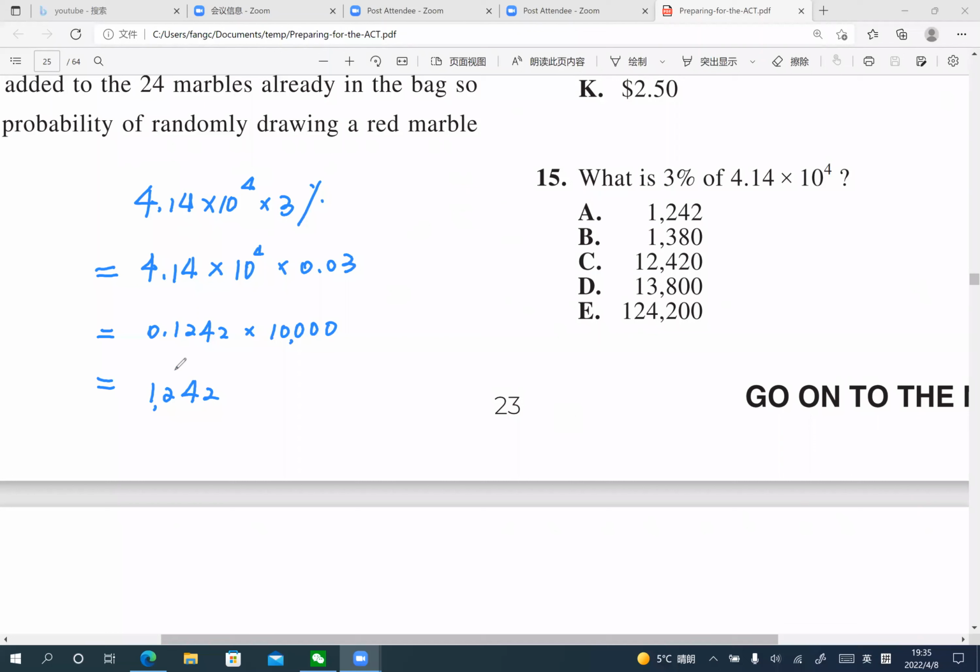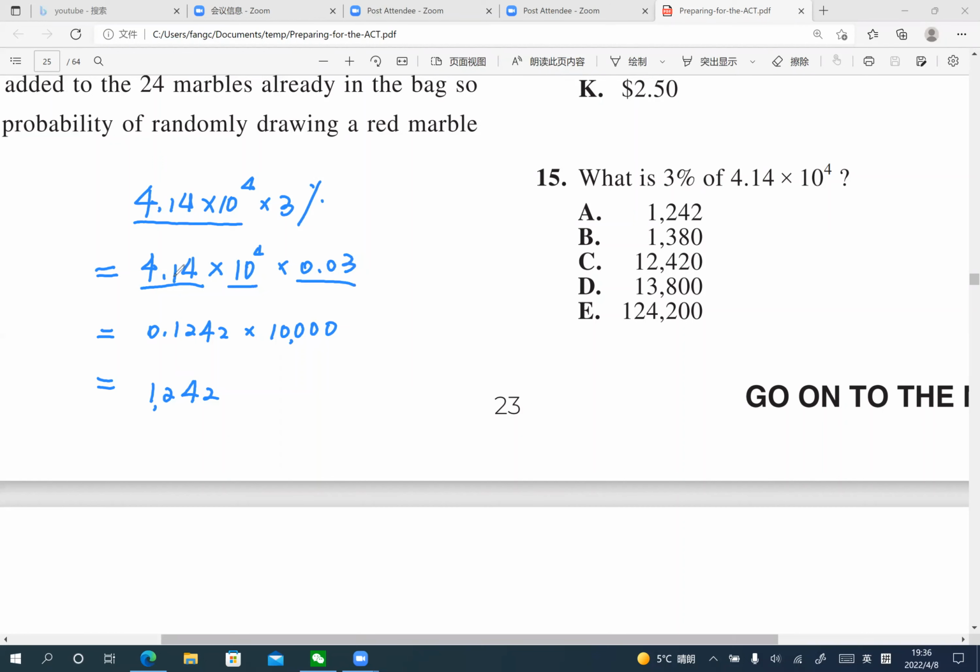Question 15. What is 3% of 4.14 times 10 to the power of 4? So 4.14 times 10 to the power of 4 times 3%. We will write the percentage as a decimal.